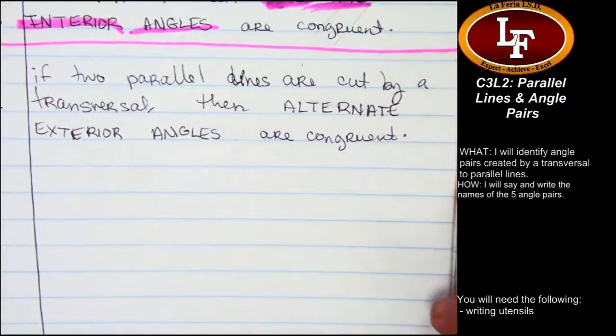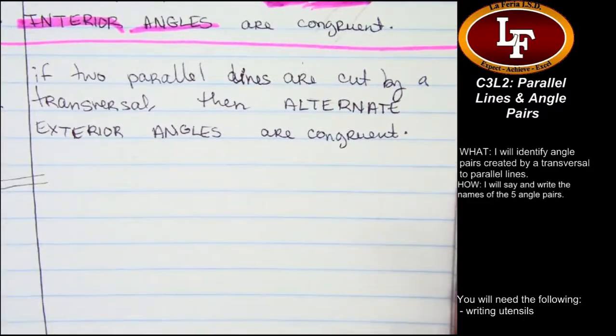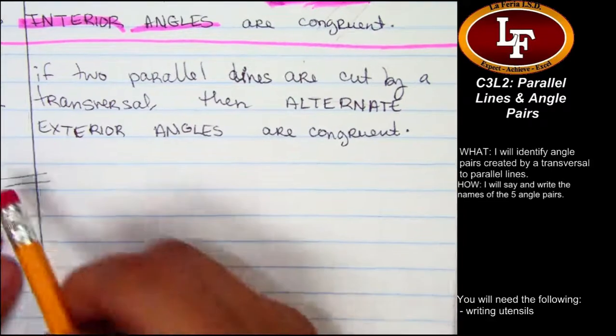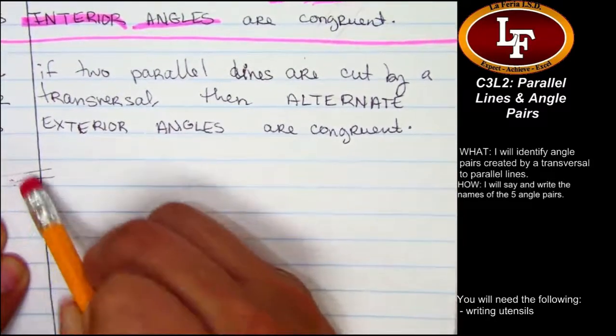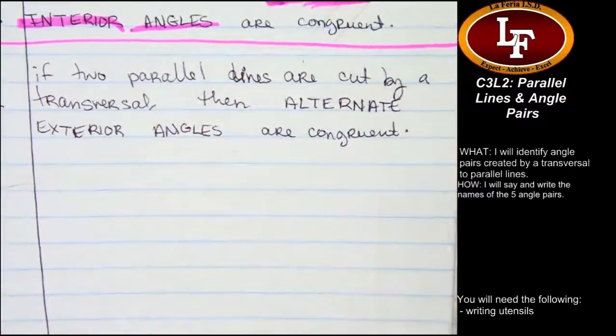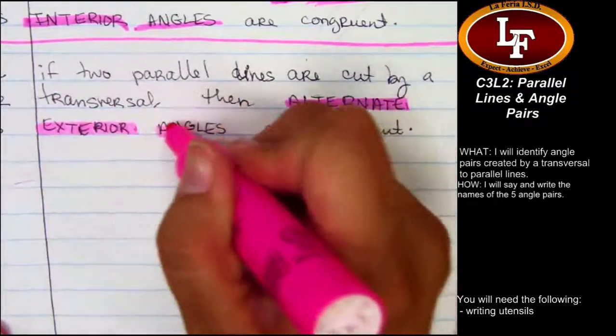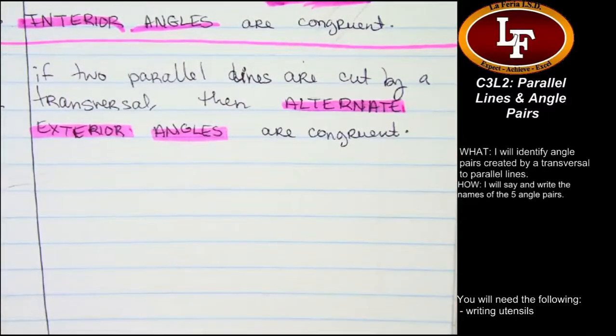And congruent means similar. Congruent kind of implies equal. It means that they have the same size and they're the same shape. So the measurements of these alternate exterior angles are going to be congruent.